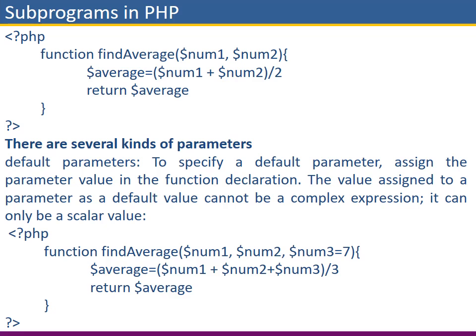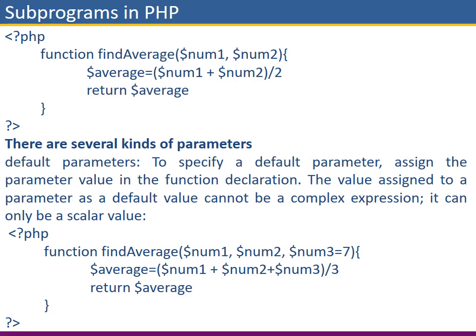Open the bracket, we have $average equals the first parameter summed up with the second parameter, which is $num1 plus $num2, divided by 2. So we return the average, $average. That is how we use function parameters in PHP.